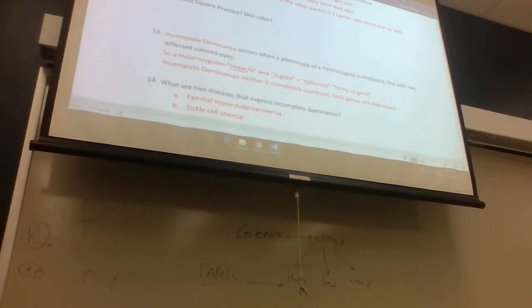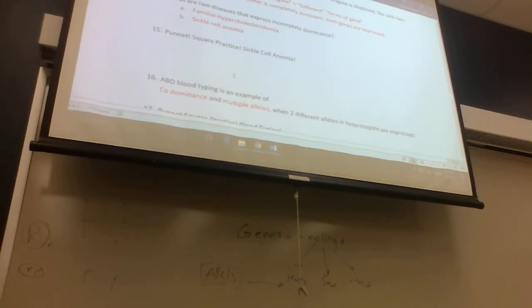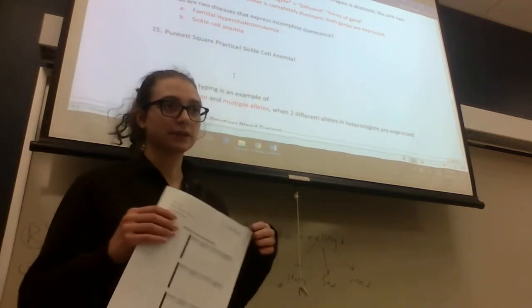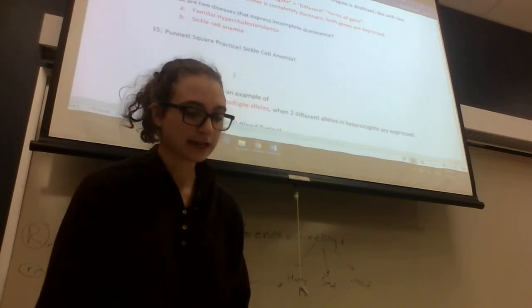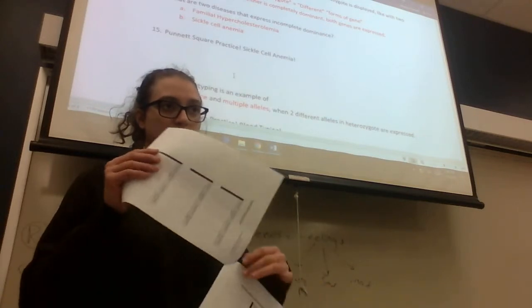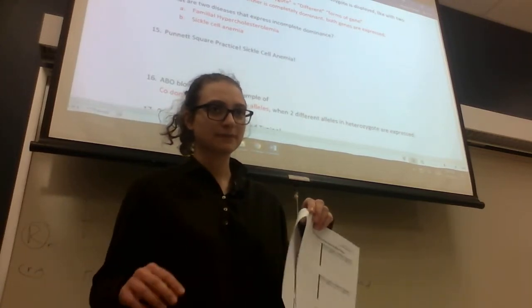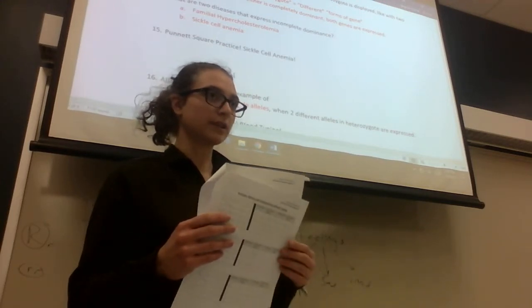So just kind of pay attention to that. So that's a type of dominance. As you can see, also in the Punnet square packet, I put 3 charts for you to practice with dominant recessive. There are 3 charts for incomplete dominance. Then there's multiple alleles.